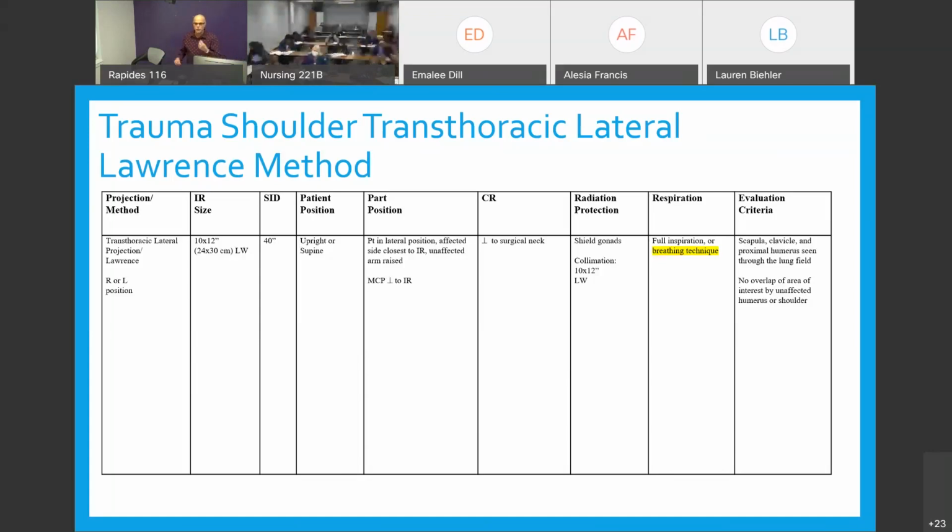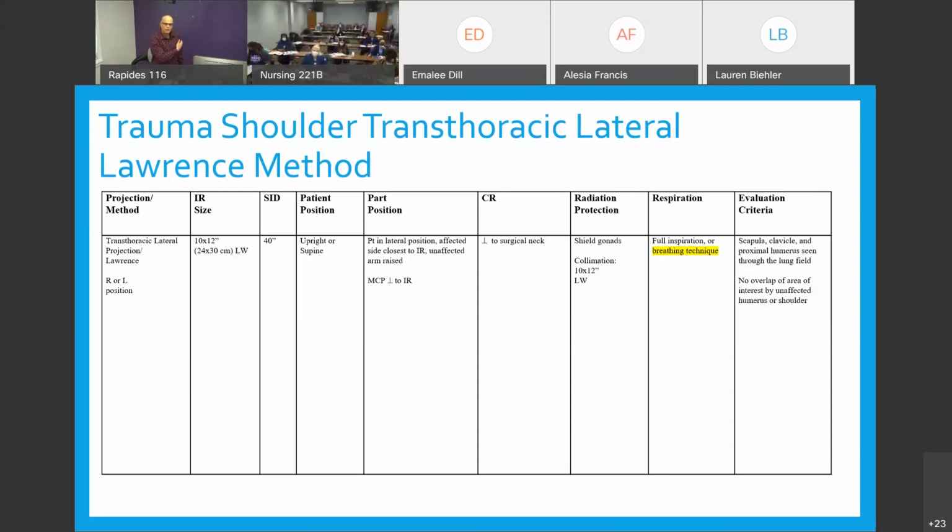Breathing causes motion in radiology. That's why we tell our patients to do what? Hold still, don't breathe, hold still. Now we're telling them we want them to move by breathing. The breathing will blur everything out except what's touching the IR and is stable.